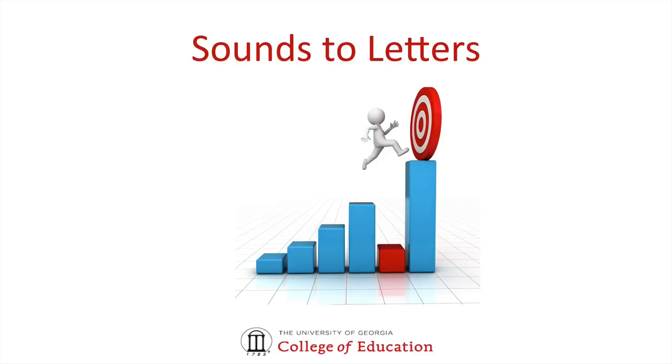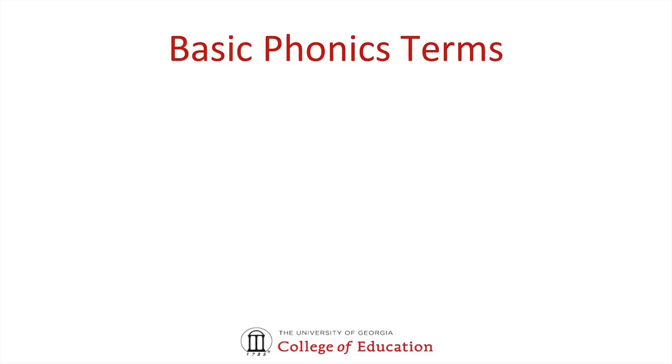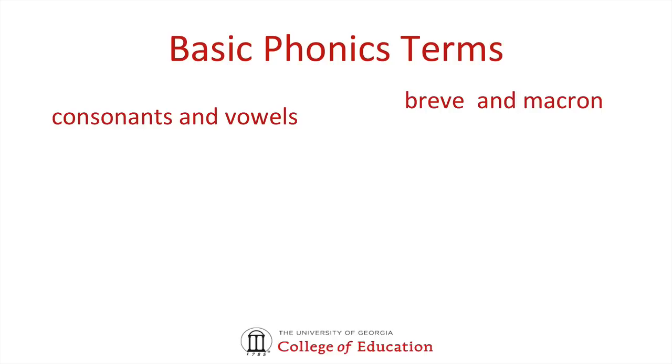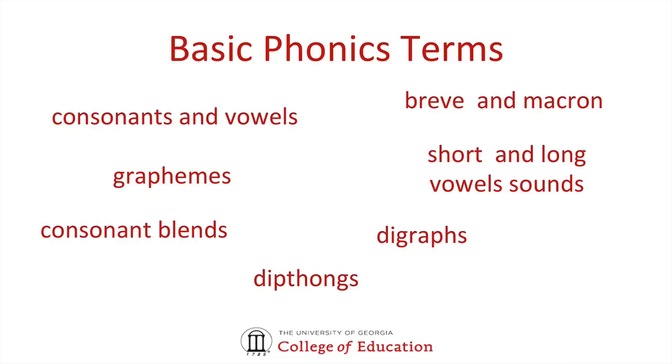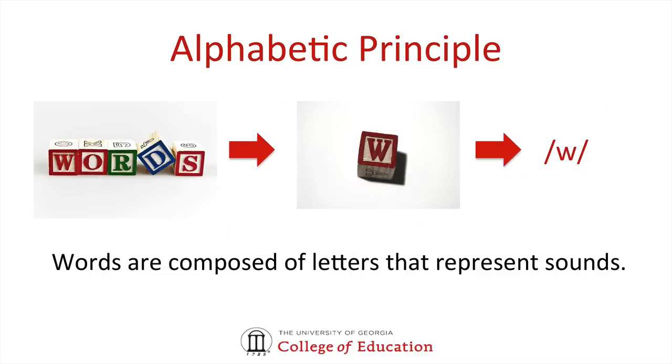When we teach students to make sound-to-letter connections, we are teaching phonics. Some basic phonics terms include consonants and vowels, breve and macron, which indicate short and long vowel sounds, graphemes, digraphs, consonant blends, and diphthongs. When teachers combine phonological awareness with letter instruction, phonics, students will understand the alphabetic principle.